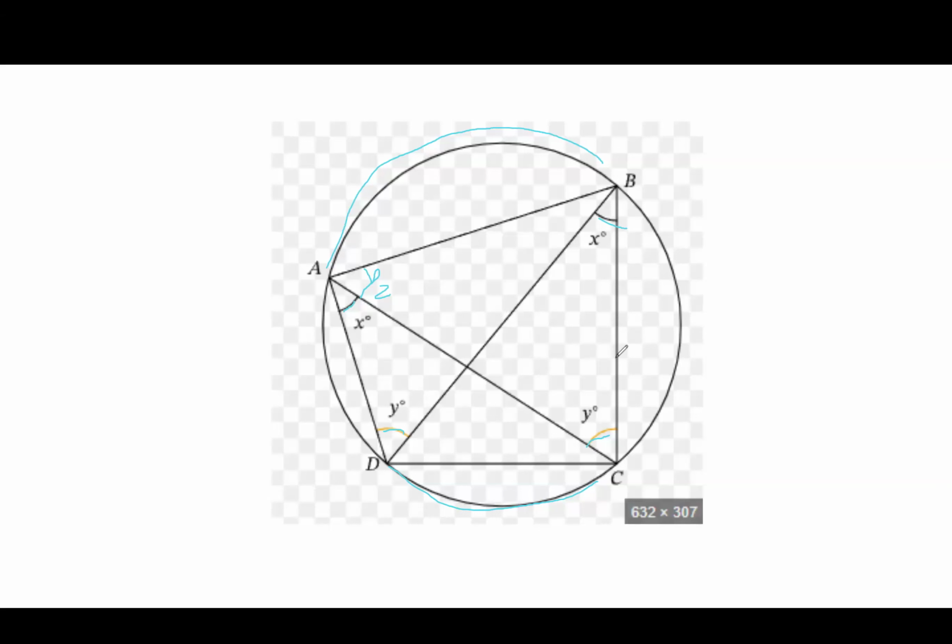Well, which opposite ones? B and D. Just give me 1 sec. Just double check.